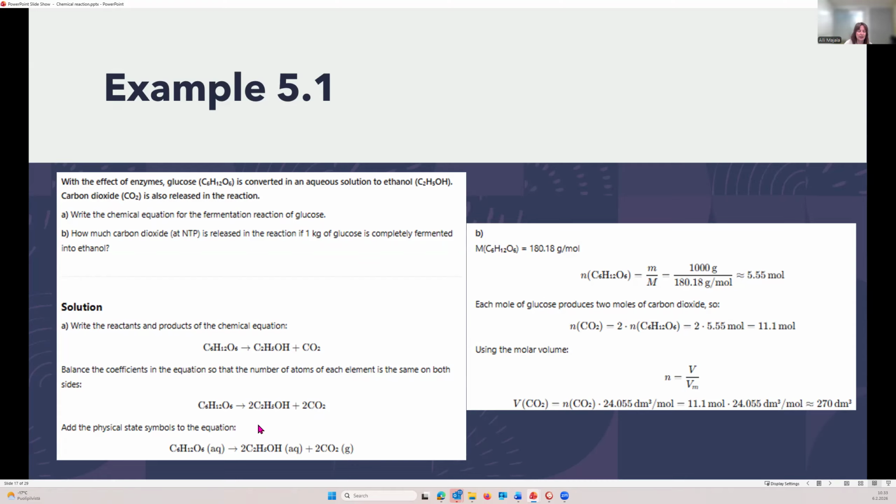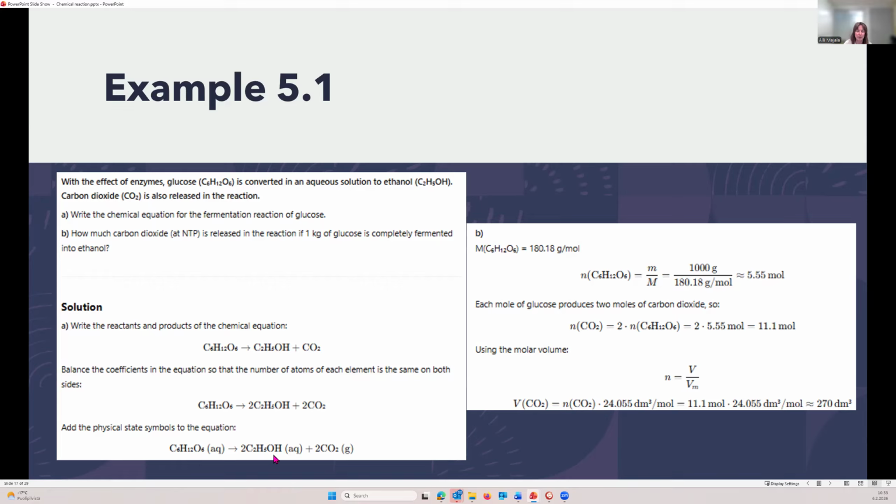Well, then the physical state symbols of the equation, many times we need to know this, usually always. So, for example, for the glucose to ferment into ethanol, you have to have it in water. This aq here behind it means that it's in aqua, which means water. So it's a solution of glucose with water.